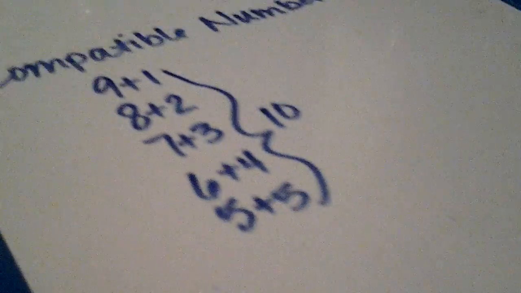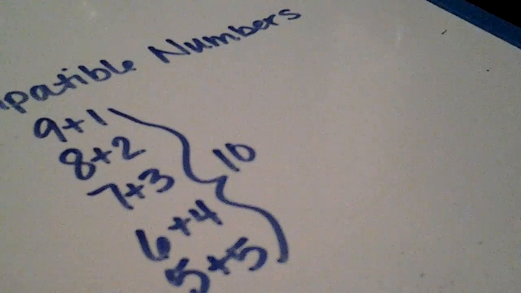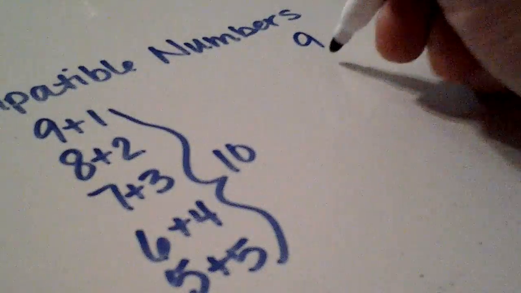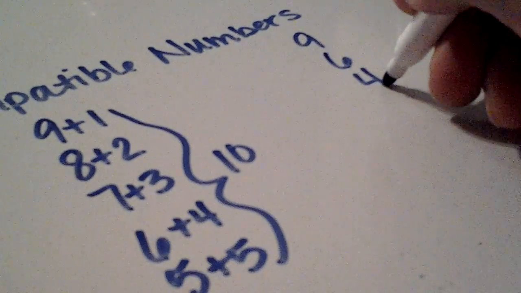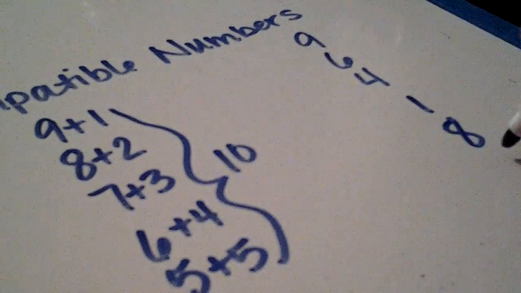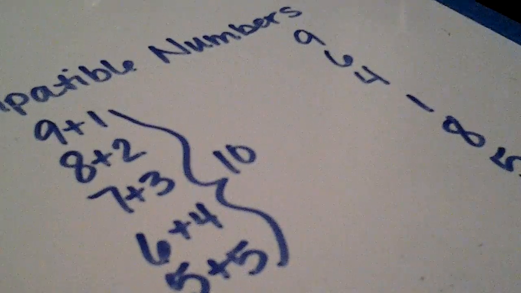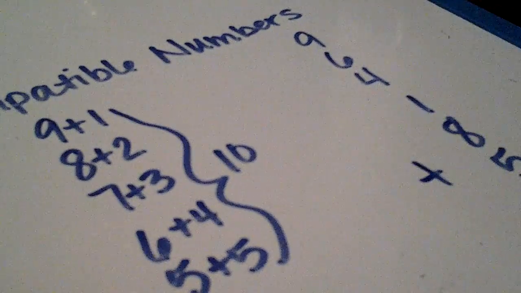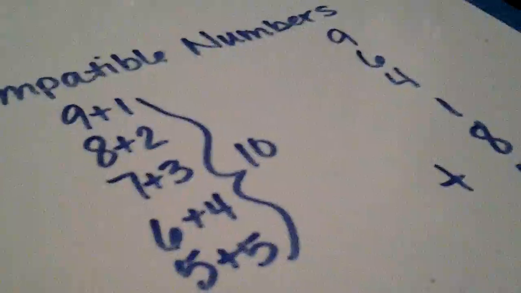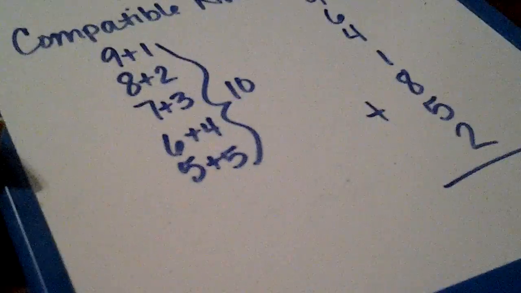Then, if I were to be presented with a problem such as 9 plus 6 plus 4 plus 1 plus 8 plus 5 plus 2, the problem looks lengthy and scary just because of all the numbers that are being presented.